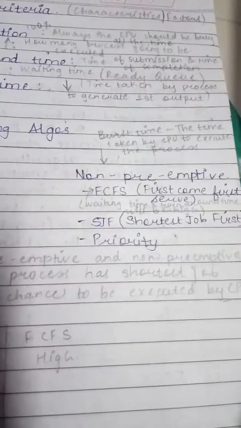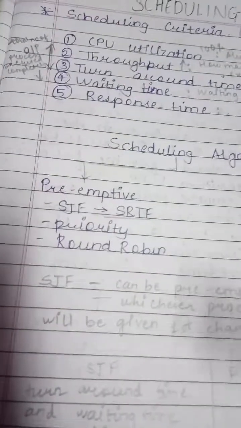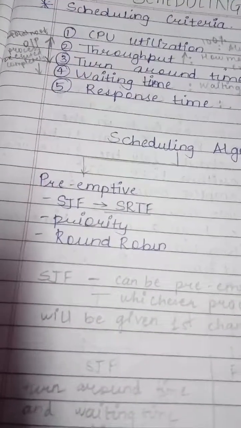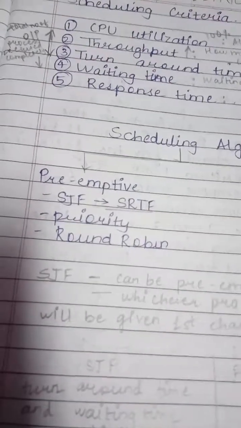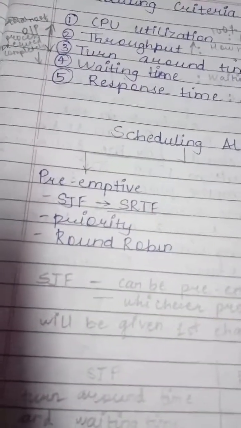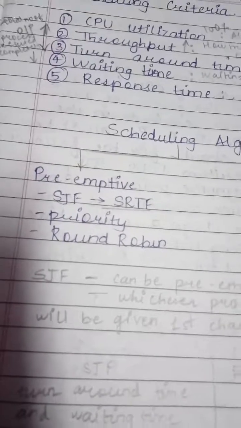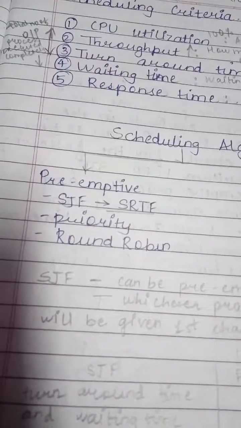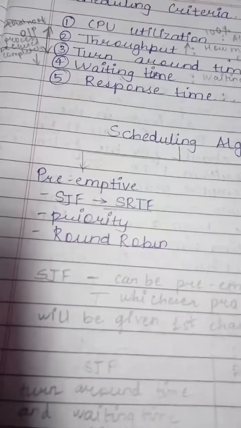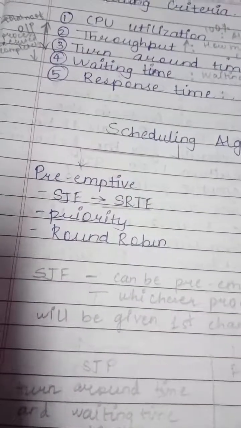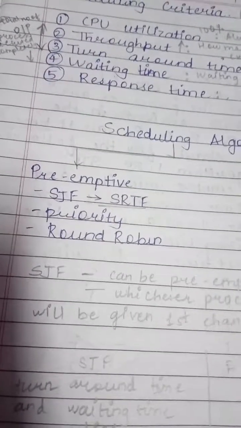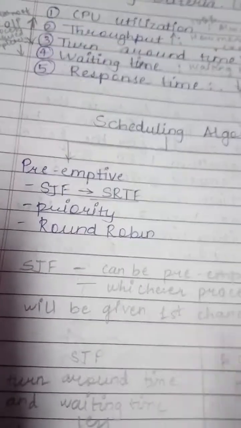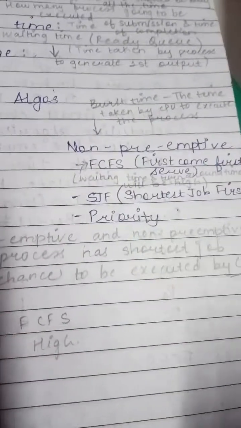But in case of preemptive, if a process is currently being executed by the CPU, and a higher priority process arrives, the currently running process will get preempted, will get stopped, and then the higher priority process will get executed. That's why it's called preemptive, and the other is called non-preemptive.